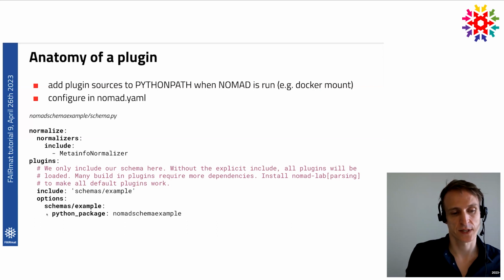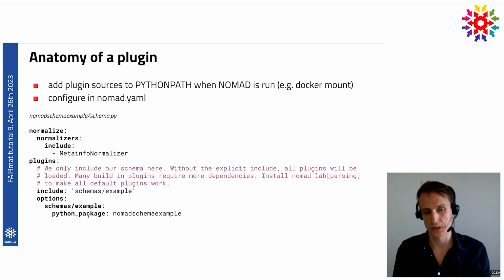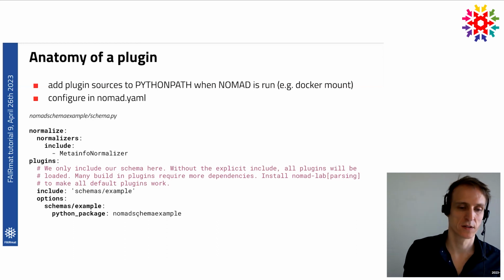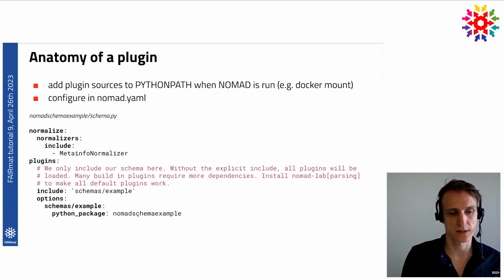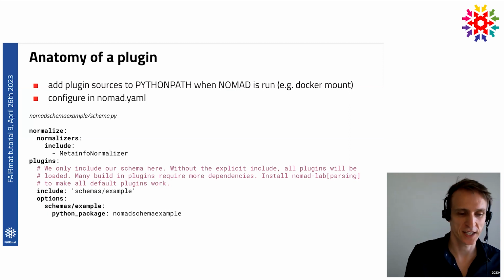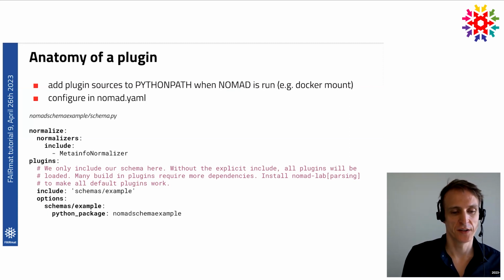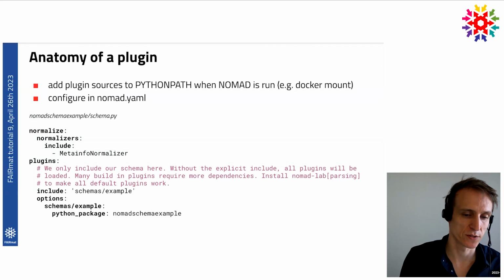So we have the schemas example here, and then we say where the plugin can be found, and we basically just give the Python package in which the plugin lives. So when Nomad is run, the package is already in your Python path, and then it can use the respective Python things to find the package, and then it will look into the package and try to find the Nomad YAML metadata file, and then it knows everything that it needs to know about the plugin.